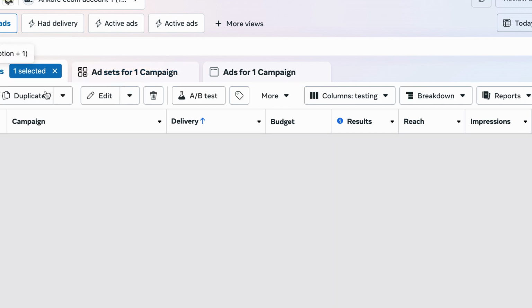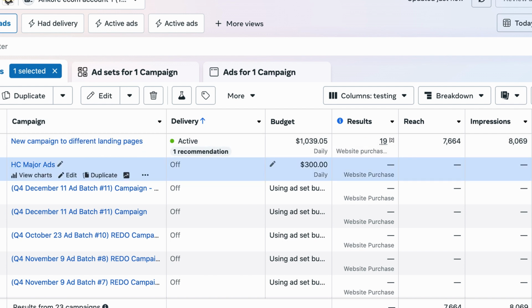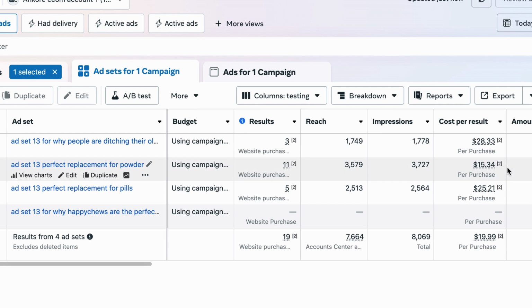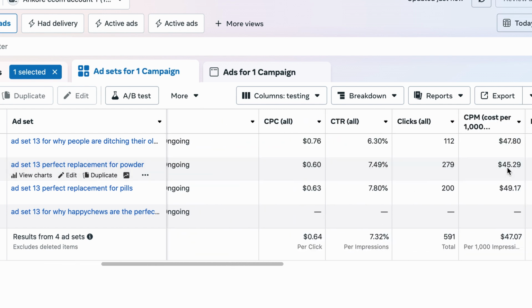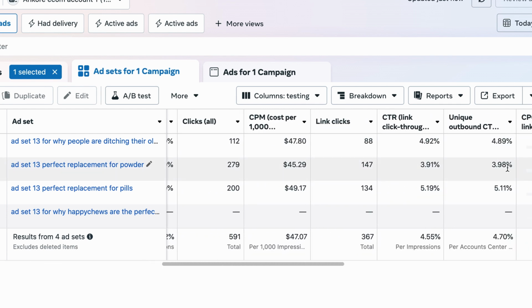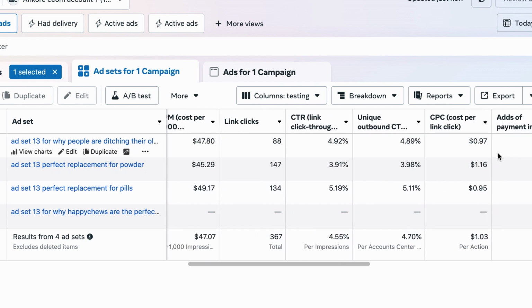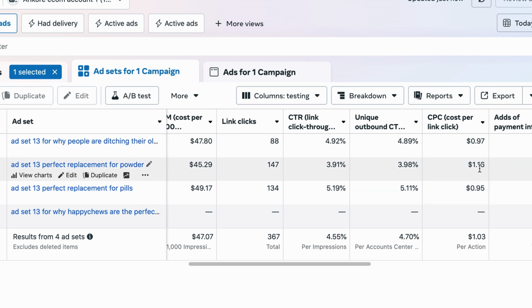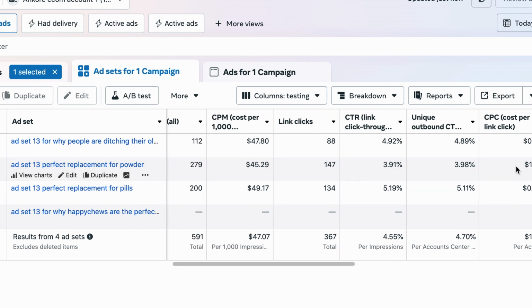And now that I found the winning ad, I'm able to scale it to a point where it's running right now at 97 cent cost per click, 95 cent, and $1.16 cost per click.